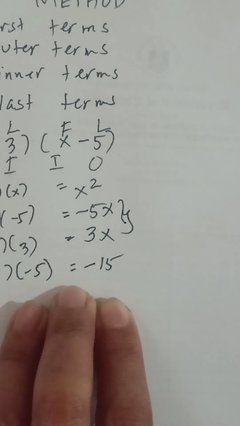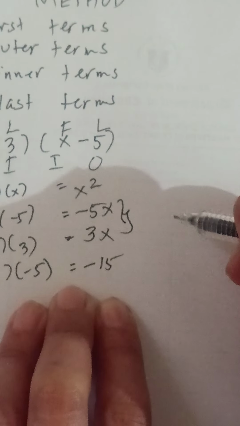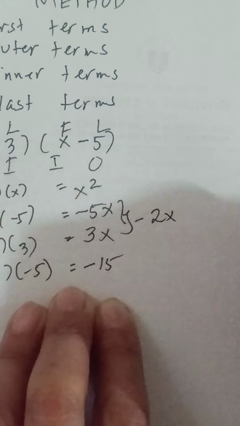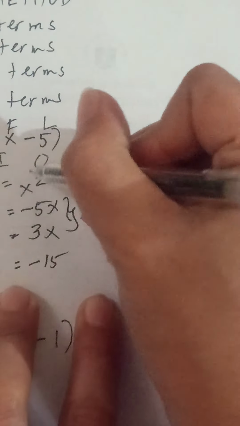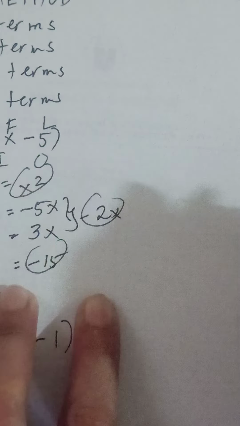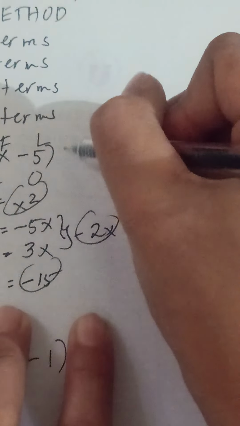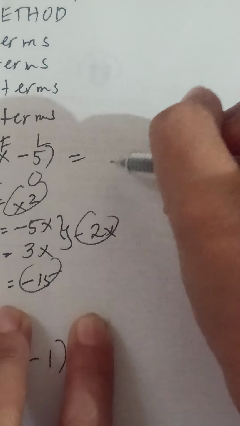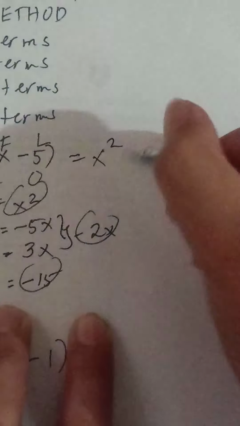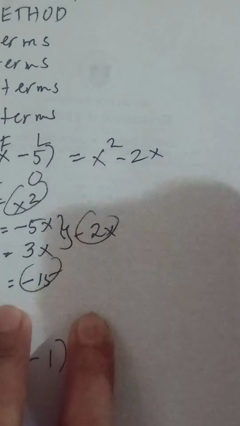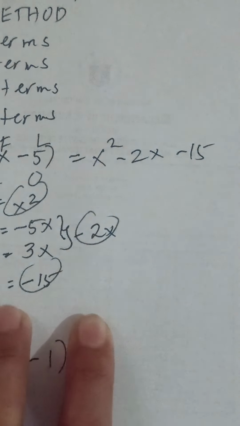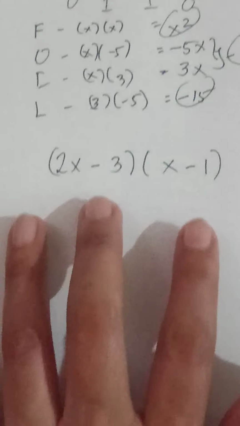Negative 5x and 3x when combined is equal to negative 2x. Therefore, the final answer is this. So the product of x plus 3 times x minus 5 is equal to x squared minus 2x minus 15.